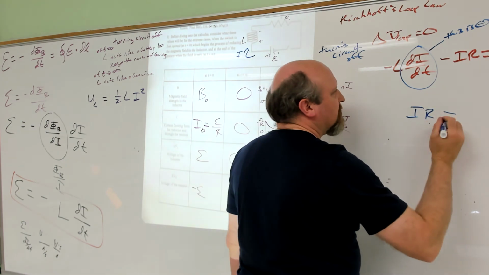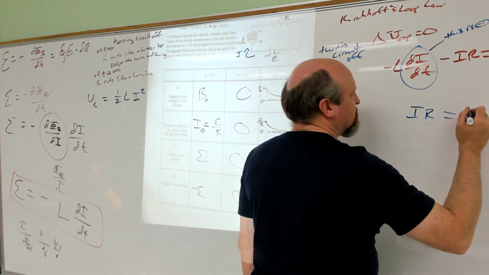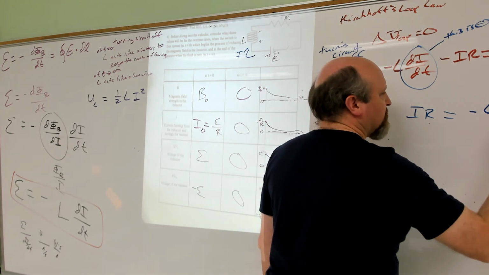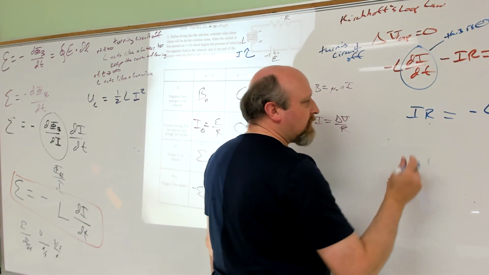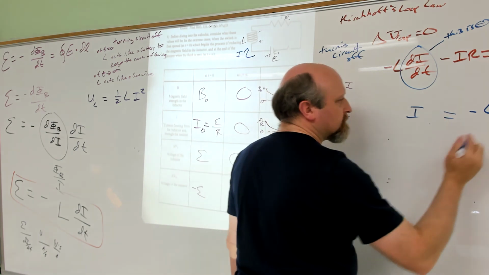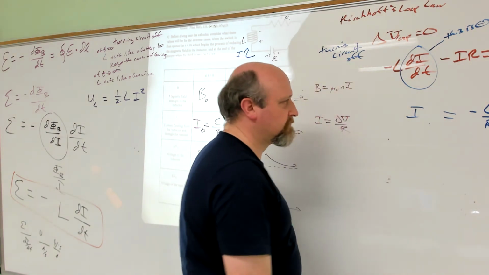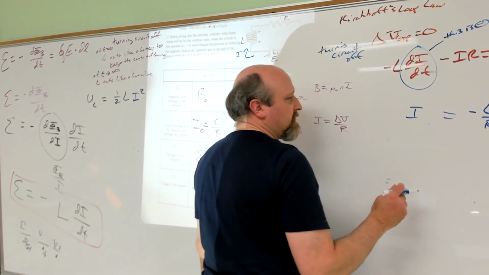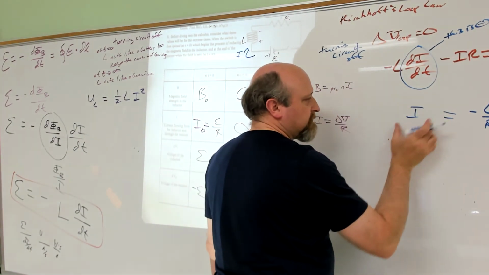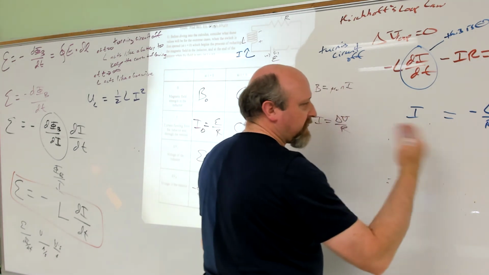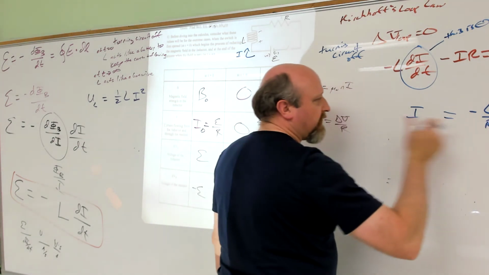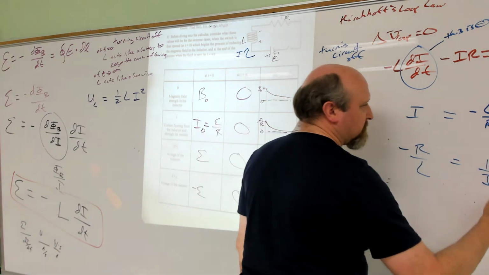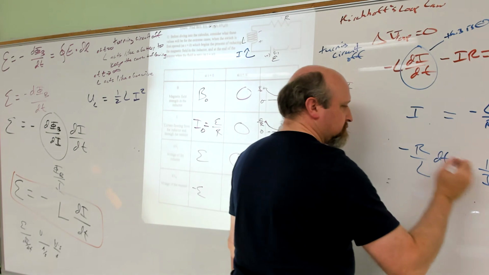IR is negative L di/dt. Now I'll divide by R. I'll treat this as one chunk and move the R over L to the other side, and move the dt to this side.